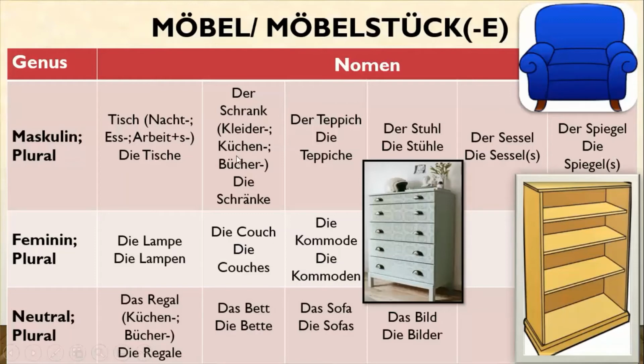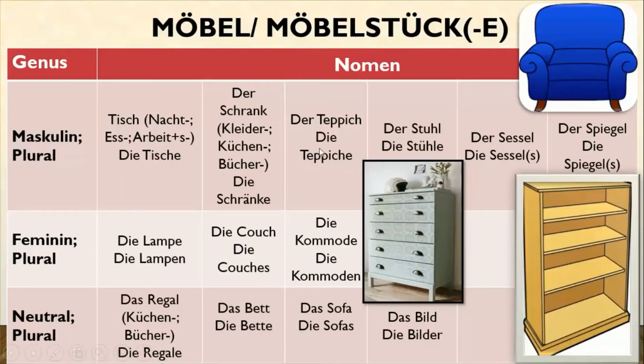Then der Küchenschrank, the kitchen cupboard or kitchen cabinet, as you may call it, because die Küche is the kitchen, and N has been used to combine die Küche with der Schrank. Then we can have der Bücherschrank, the cupboard in which you put books, maybe, because books are Bücher.